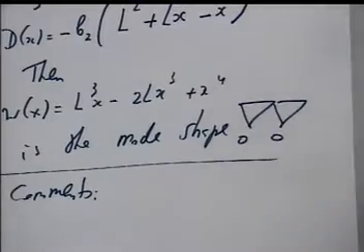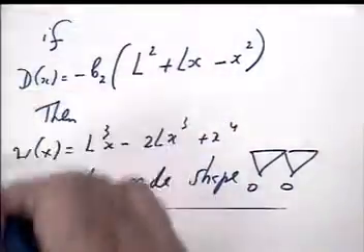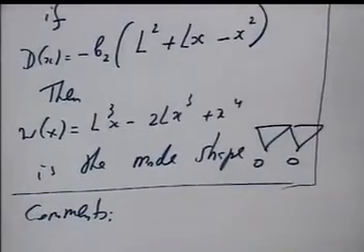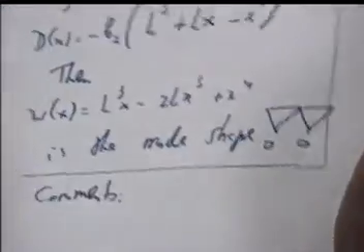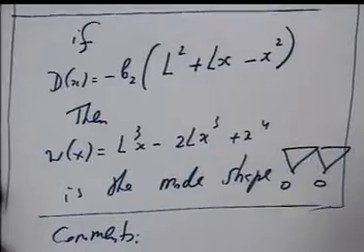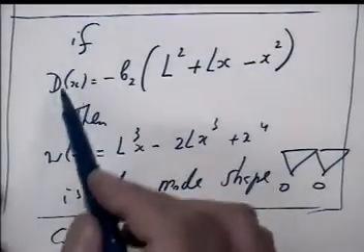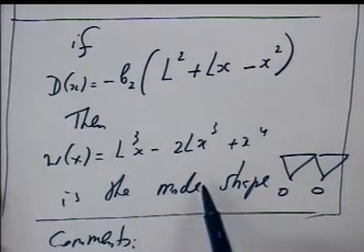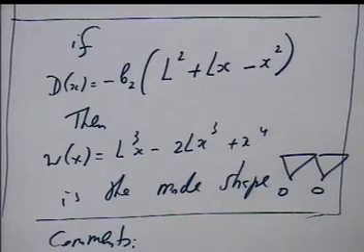What are your comments? If d of x equals this, then W of x is a mode shape. Mr. Andres, your comment.